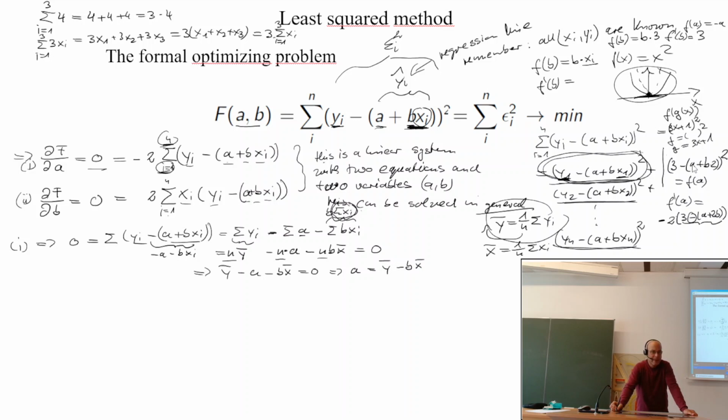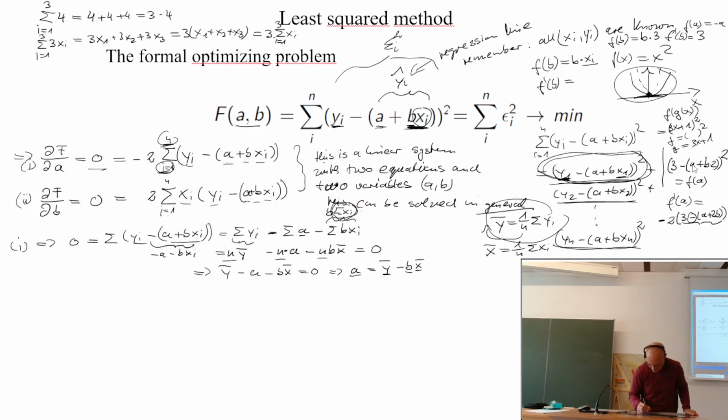And there's already, from this condition, a nice result that we can see: although at this step we don't know a and b, we already see that the data point represented by both arithmetic means of x and y is lying on our regression line.